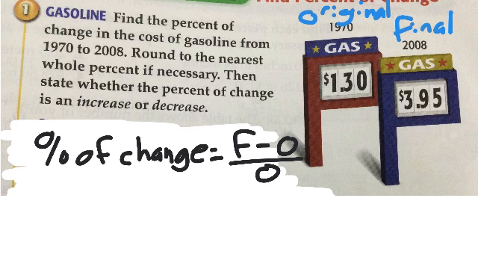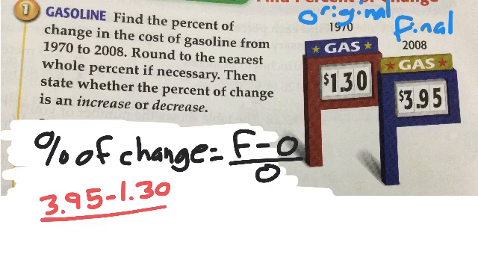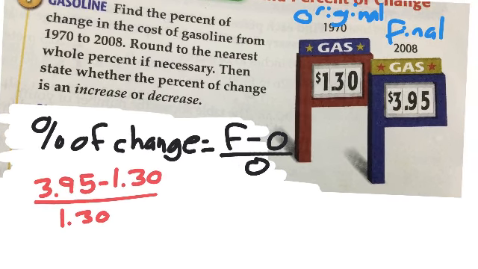So now when I plug those in, it's going to be final, which is 3.95, minus the original, which is 1.30, divided by the original, which is 1.30. And then again, we're going to multiply it by 100 to make that into a percentage.